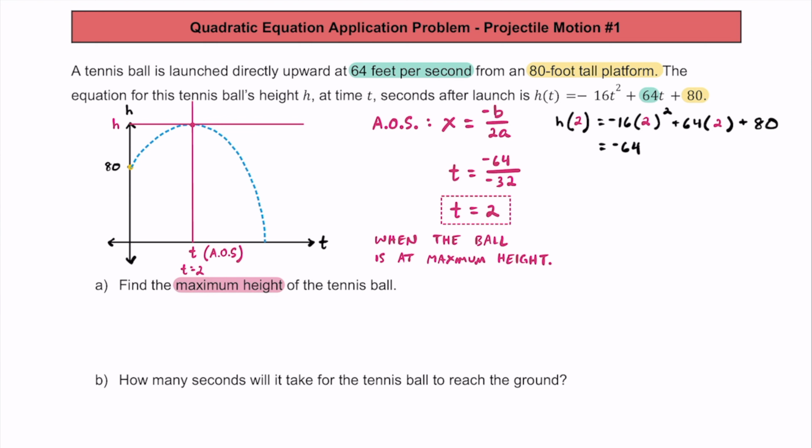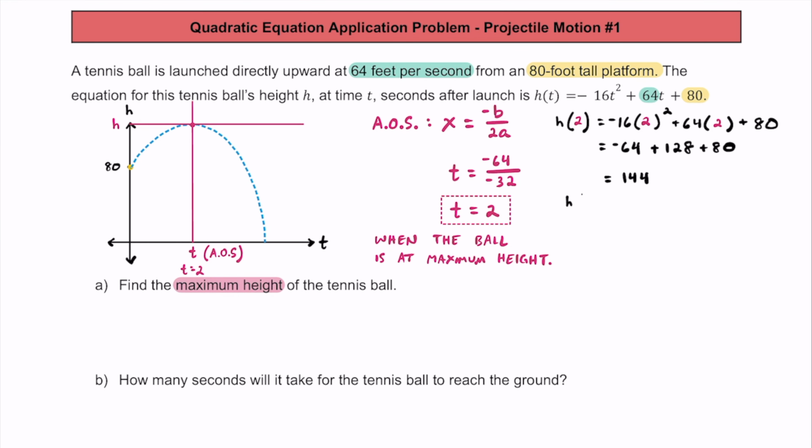Then 64 times 2 is plus 128. And finally we have plus 80 at the end. Now negative 64 plus 128 is positive 64, and positive 64 plus 80 is 144. So this is going to be equal to 144.